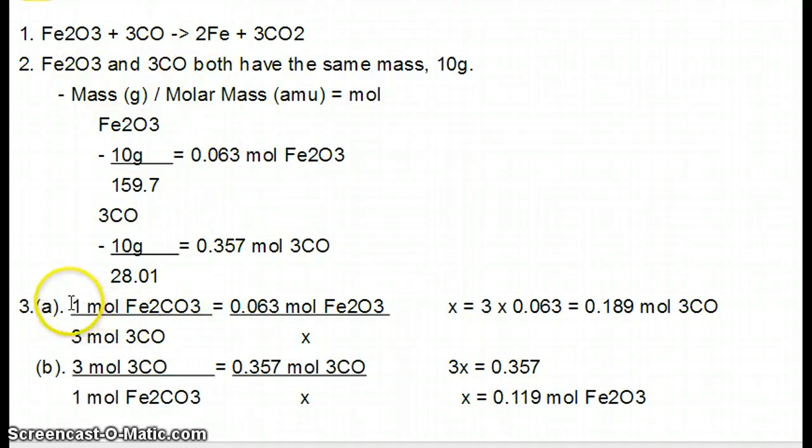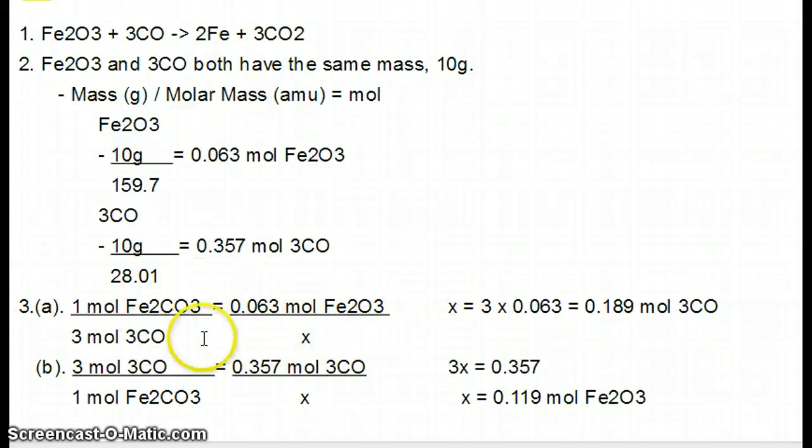So here it's 1 mole iron 3 oxide over 3 moles carbon monoxide equals 0.063 moles of iron 3 oxide over X, because we're trying to figure out how much carbon monoxide we will need if we use all of the moles of iron 3 oxide, because we're going to figure out the limiting reagent.